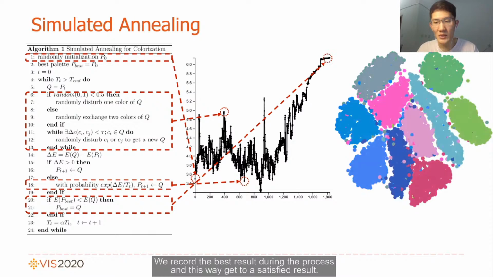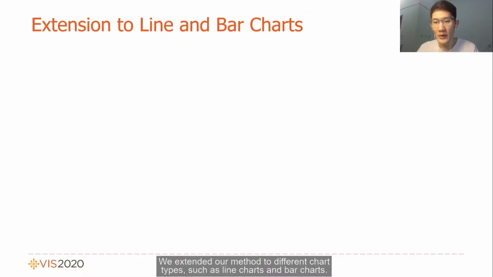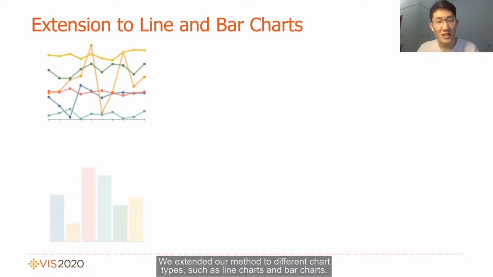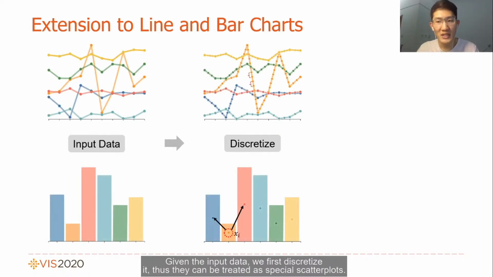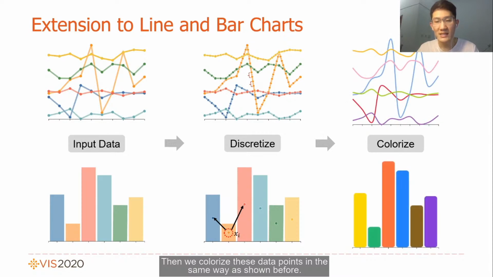We record the best result during the process, and this way get to a satisfied result. We extended our method to different chart types, such as line charts and bar charts. Given the input data, we first discretize it, thus they can be treated as special scatter plots. Then we colorize these data points in the same way as shown before.